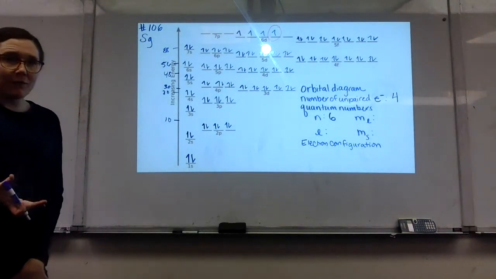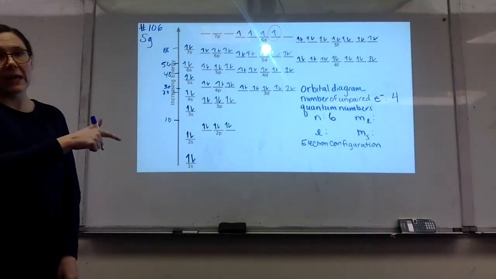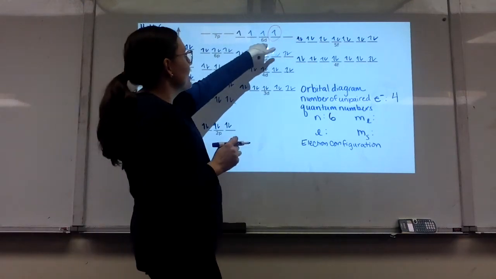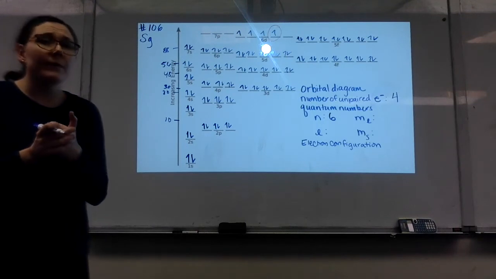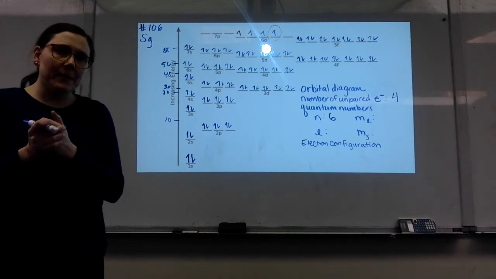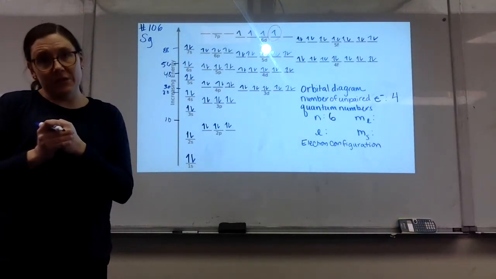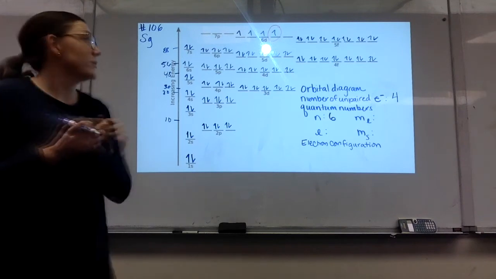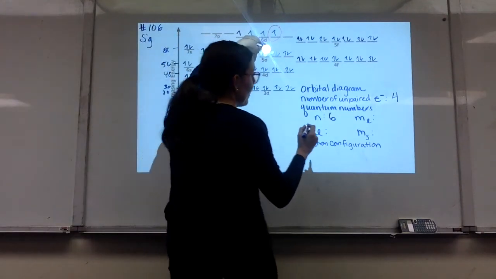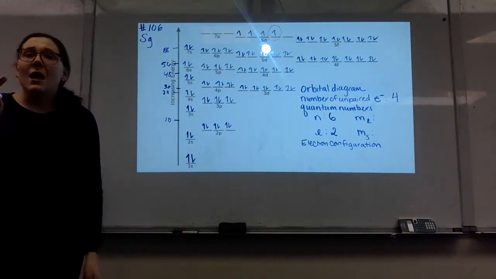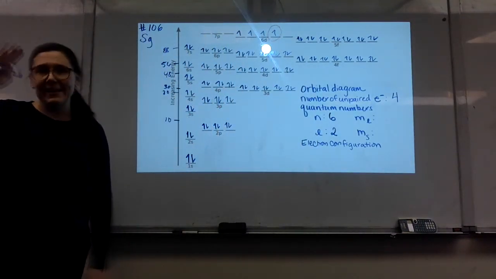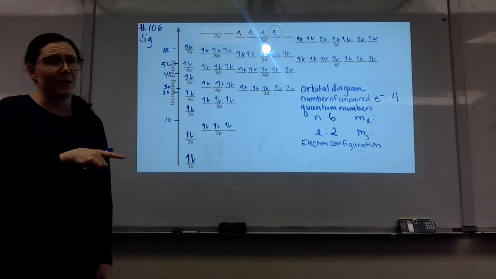For the L value, it comes from the letter. So for this, it is the letter D, which we tie to a value. S is 0, P is 1, D is 2, and F is 3. So since this is a D, my value of L is 2. The value of L dictates what your possible values of M sub L can be.